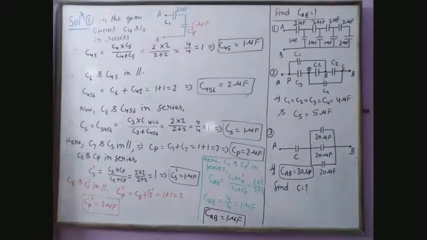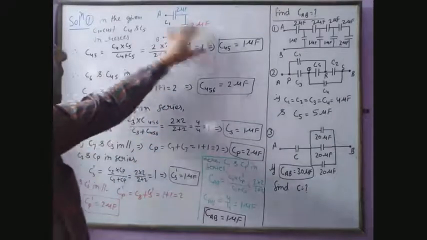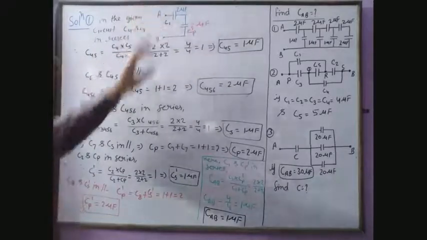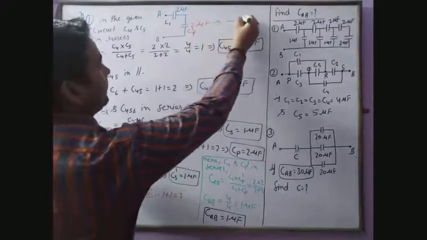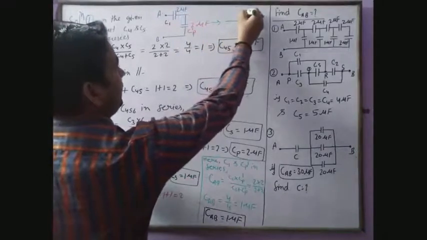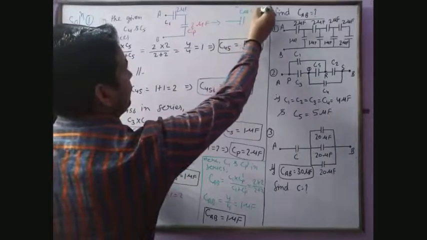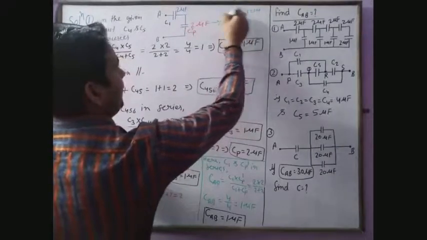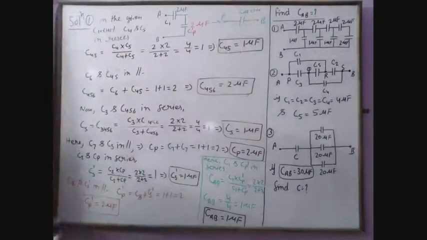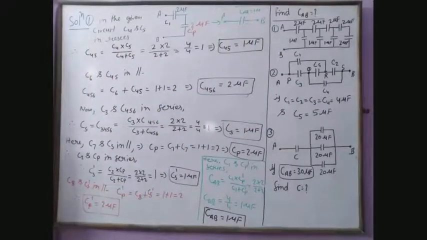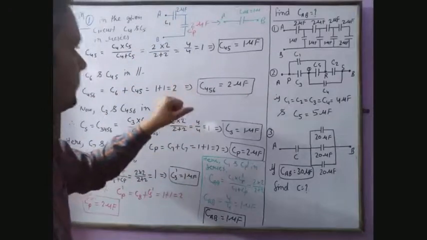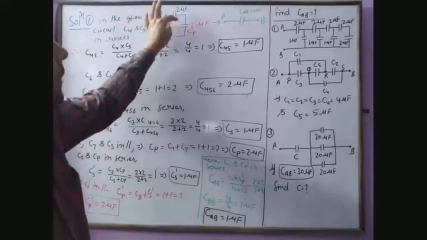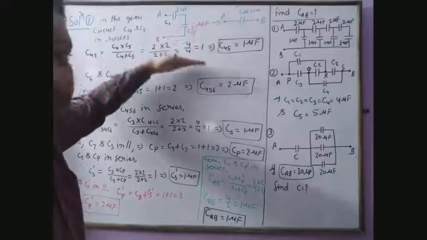And remember that whenever you solve the numerical, you need to reduce the circuit also. Okay, this we get finally that CAB is 1 microfarad between point A and point B. Here when you solve the numerical in your notebook, you need to redraw the circuit.